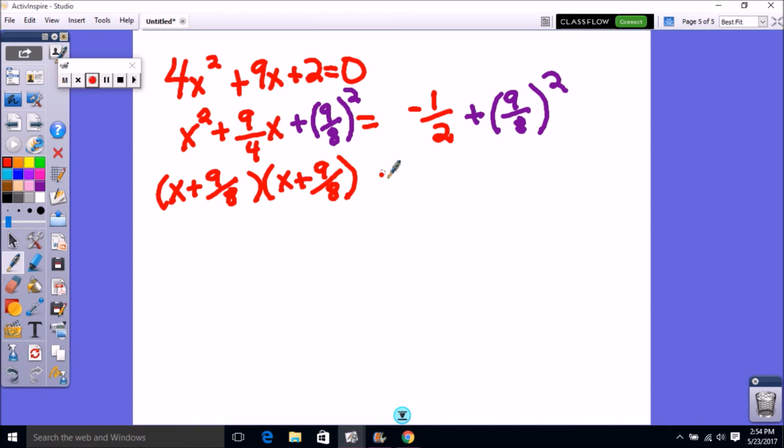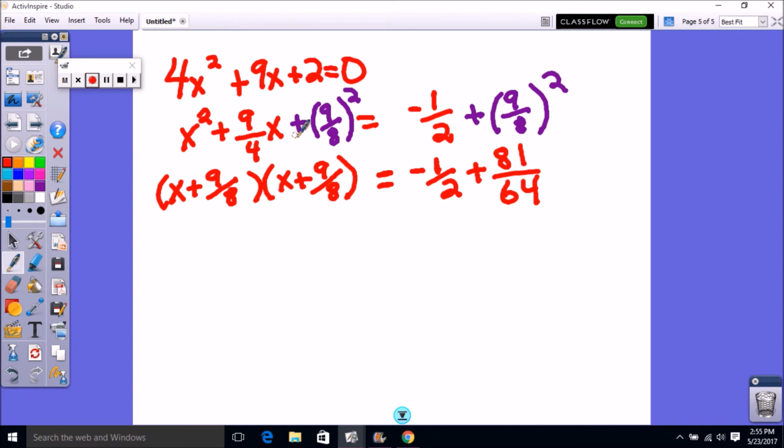On this side of the equation, I'm actually going to figure out what that is. 9 squared is, and 8 squared is, did I lose somebody? Okay, the negative 1/2 came, this was when I divided by 4, this was 2/4, right? Which is the same as 1/2. I have to move it to this side.